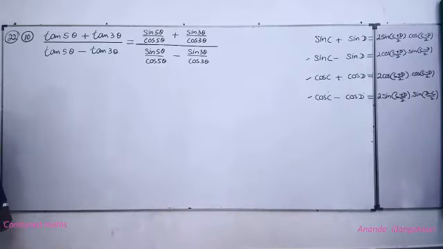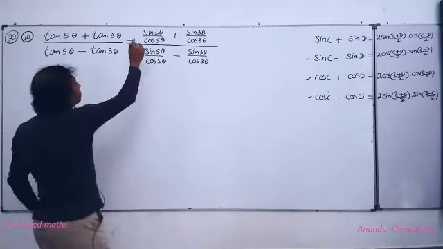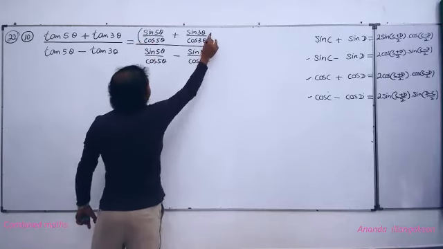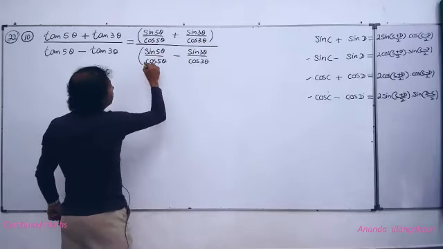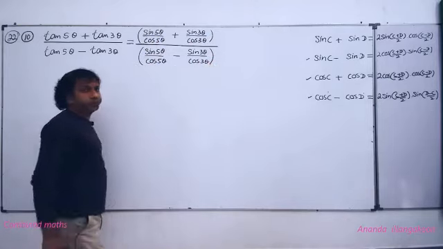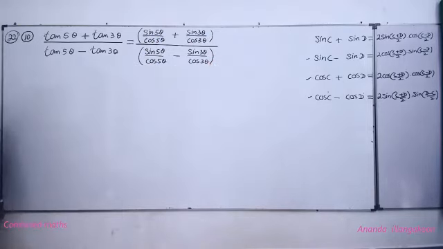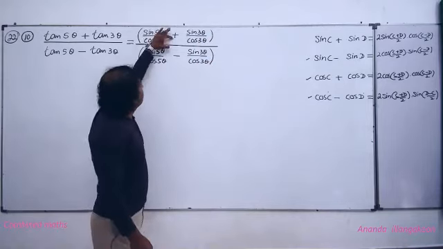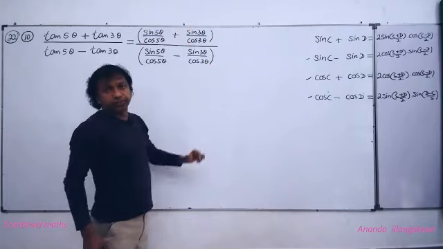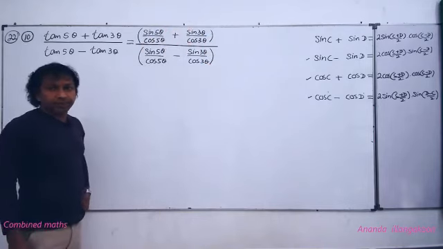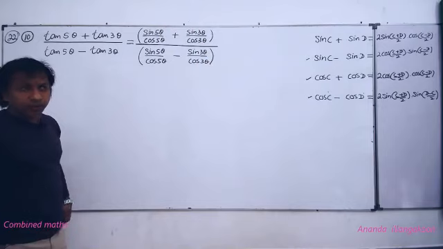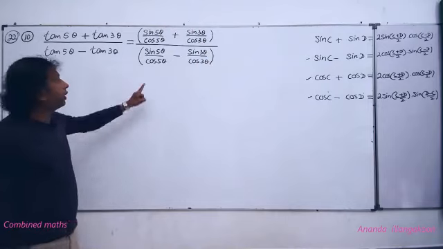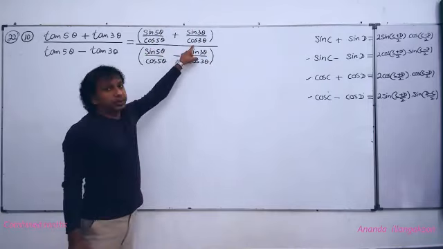Right. This numerator and this denominator, now we are supposed to simplify separately. Here, this numerator, people, you can consider this is a fraction plus this is a fraction, a sum of two fractions. To add two fractions, we have to take the common denominator.